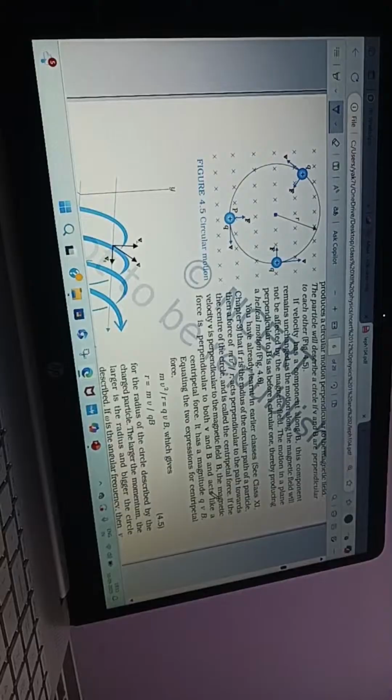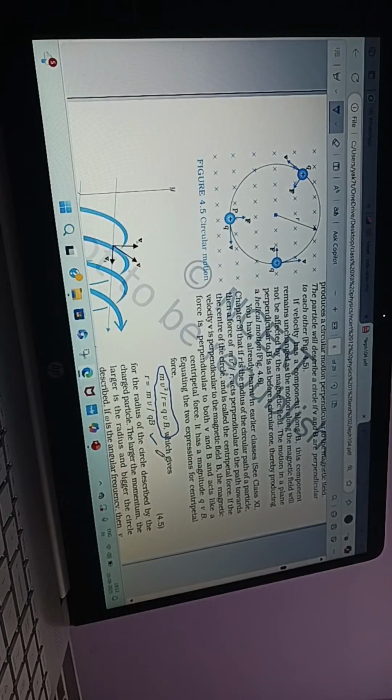See here, this is the one I am showing. Understood or not? The question comes: the radius of the circle when a charge is moving.